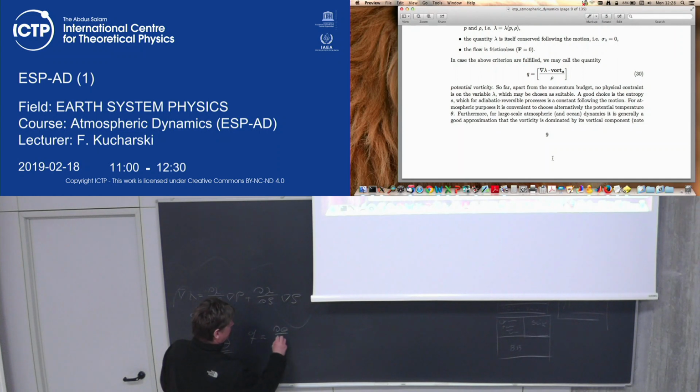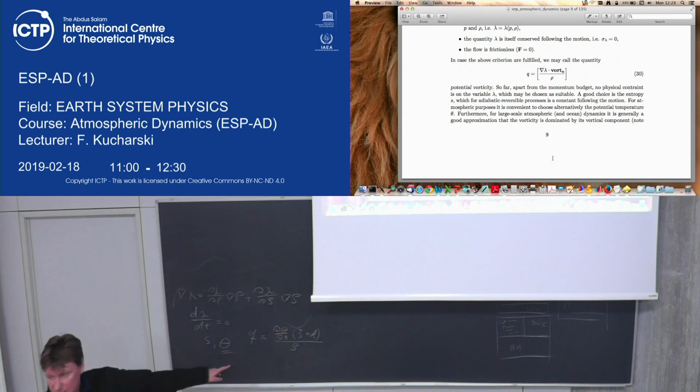d theta by dz times zeta plus f, the absolute vorticity, divided by the density. This is now our potential vorticity in that case, approximately. That's the z component.